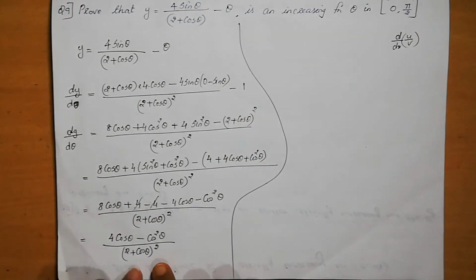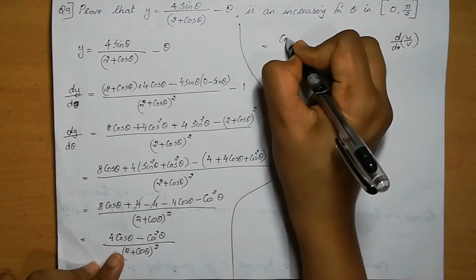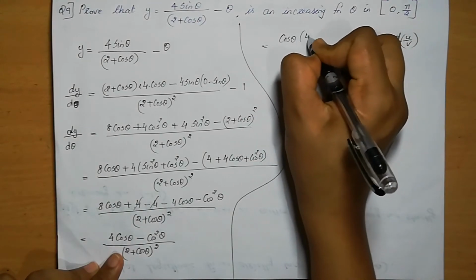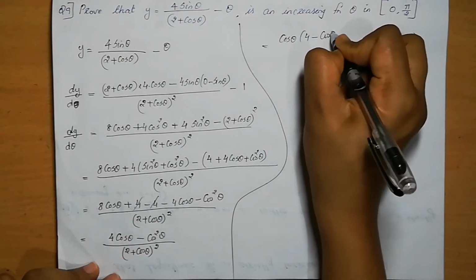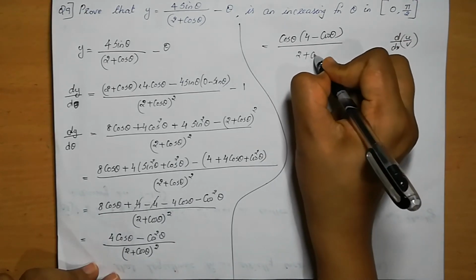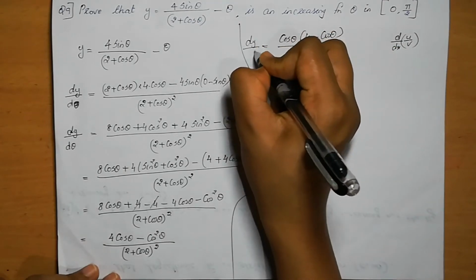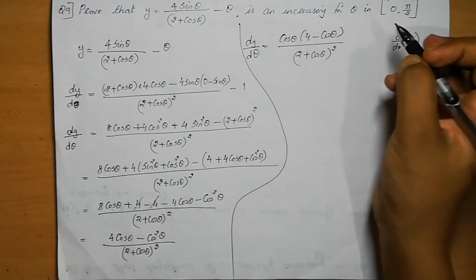So again we can take cos theta common from the numerator. So what is remaining? Cos theta into 4 minus cos theta divided by 2 plus cos theta the whole square. This is dy by d theta. This is the value of dy by d theta.